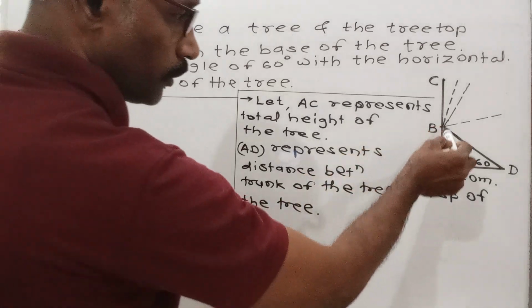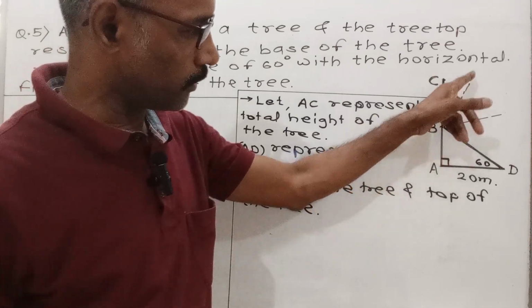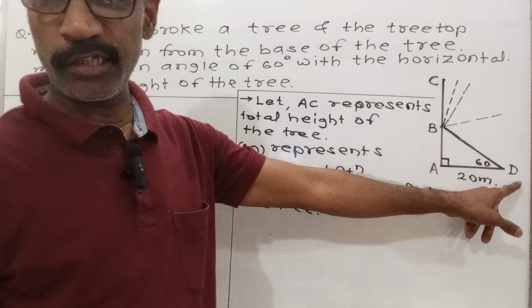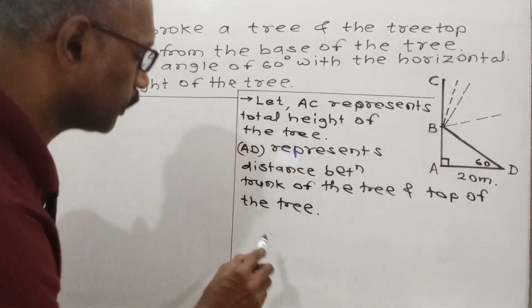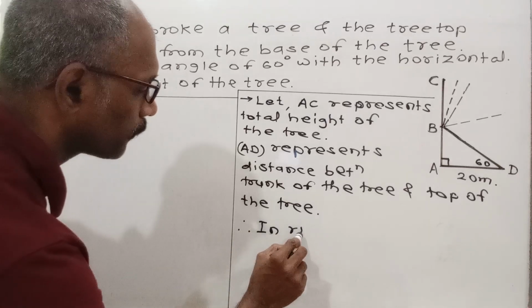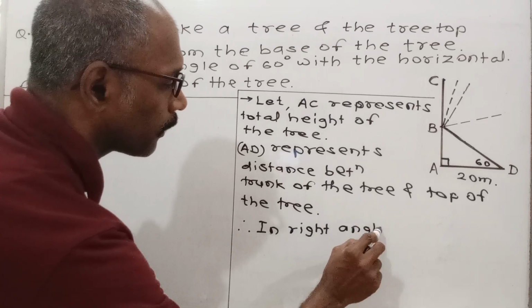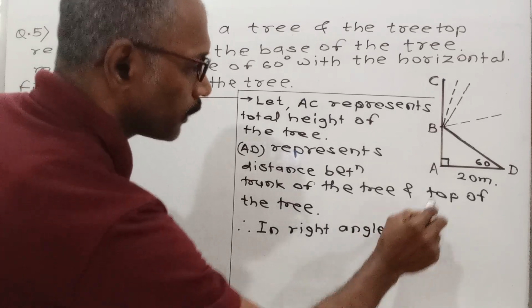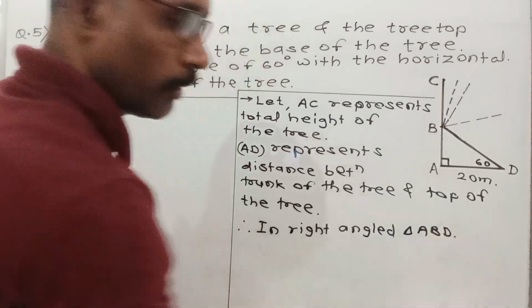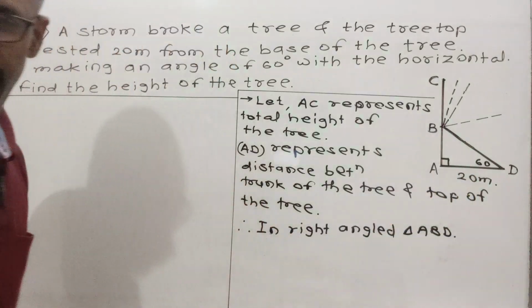Now, therefore, see this, when this tree breaks, then this way I have shown here, and finally rested at D on the ground. Now, therefore, in right angle triangle ABD, first we will find out AB.